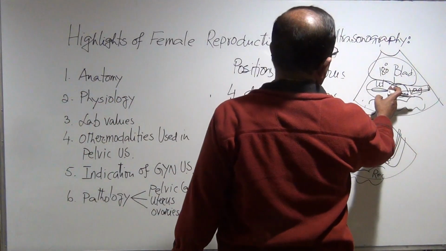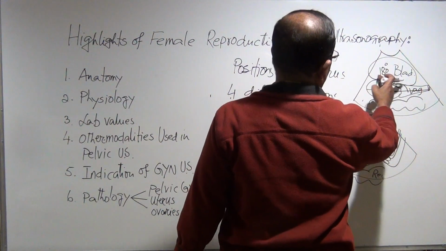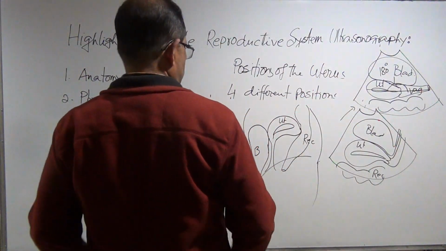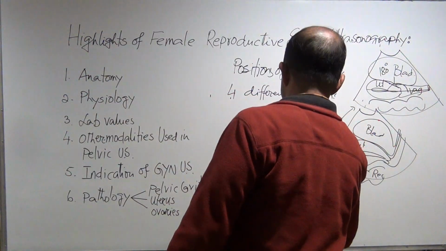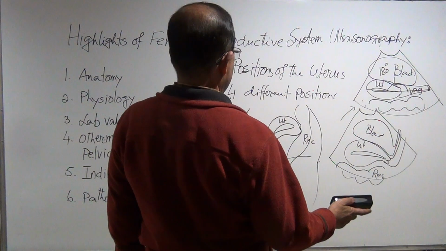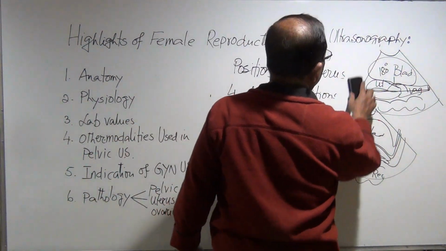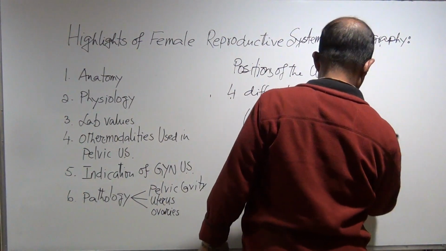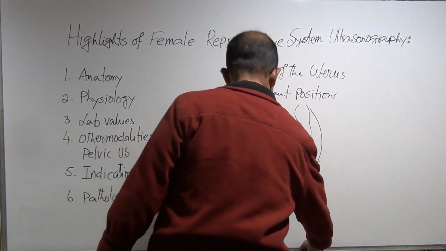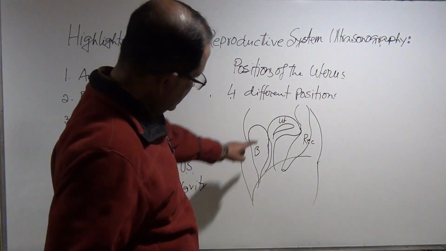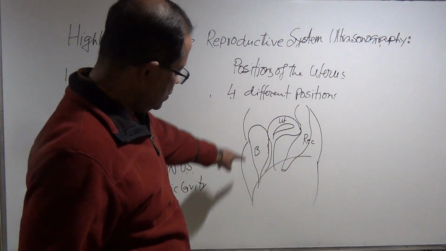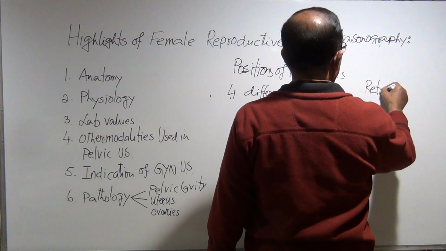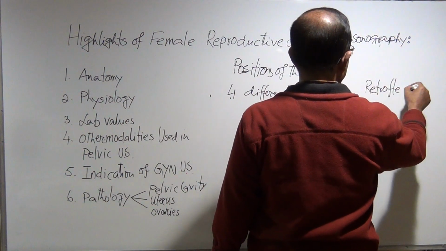Think about it: at the isthmus, the uterus, the fundus and body, is turning backwards. Okay, so this is retroverted, it's good looking. Now retroflexed.